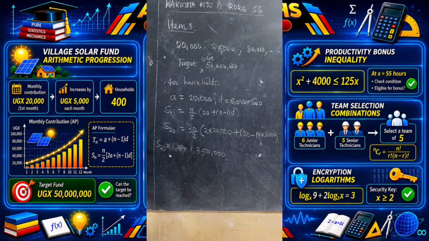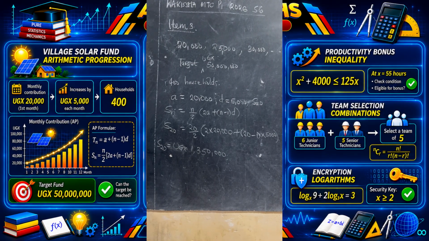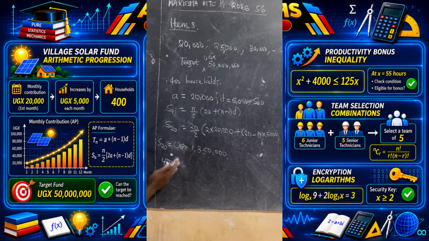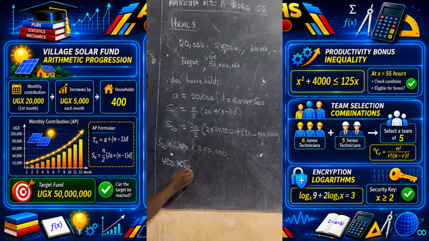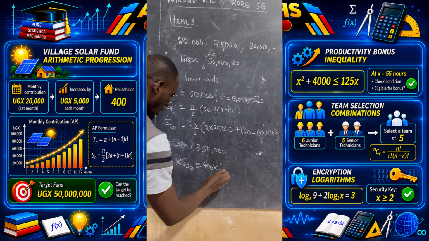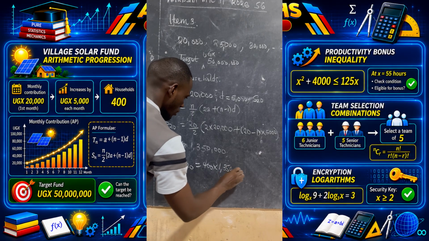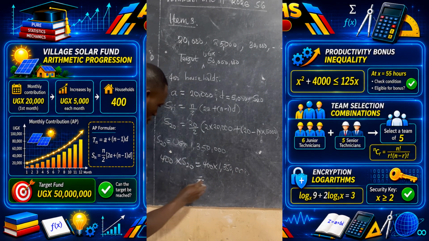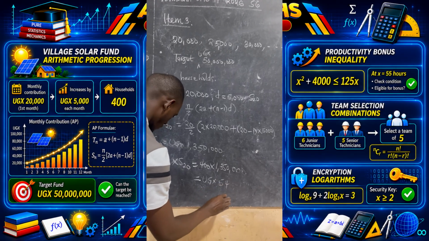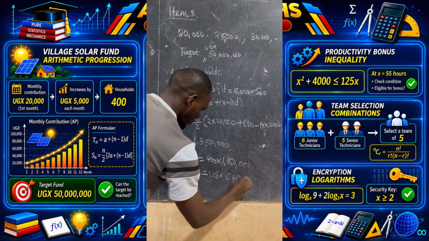Then what if there are 400 households? For 400 households, it will be 400 times S20, which is 400 times this amount. And the answer will be Ugandan shillings 540 million.